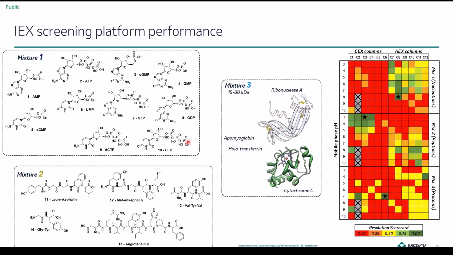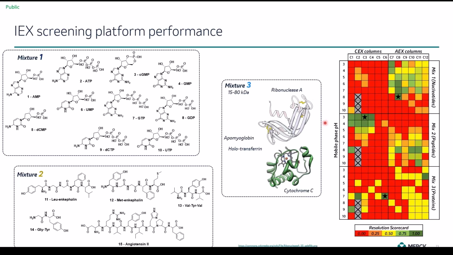What we do is we have screened each mixture through all columns that we have at our disposal at 8 different mobile phase pHs in order to see which combination of these two parameters yields the best or the most promising conditions.